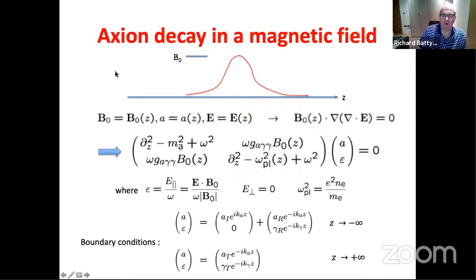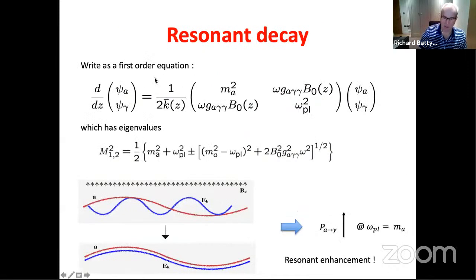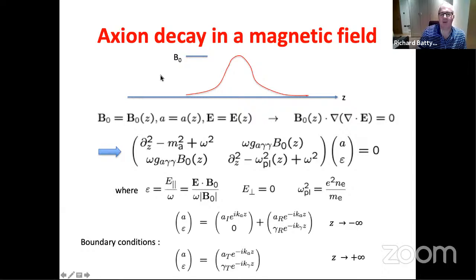So we're talking about an axion coming in from the left as you look at it, and there's some region where the magnetic field goes up to some value B0 and back down, and the axion comes in, and during that time it can basically turn into a photon. It can turn back from the photon into an axion and vice versa, and just keep doing that. Under certain circumstances, there is a resonant effect.